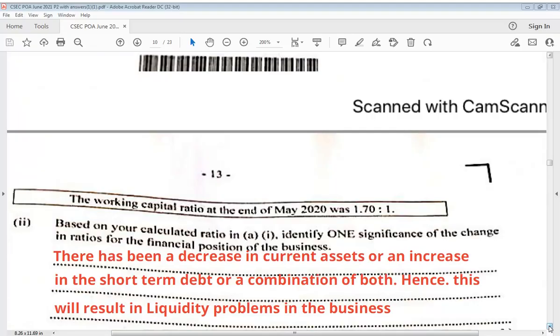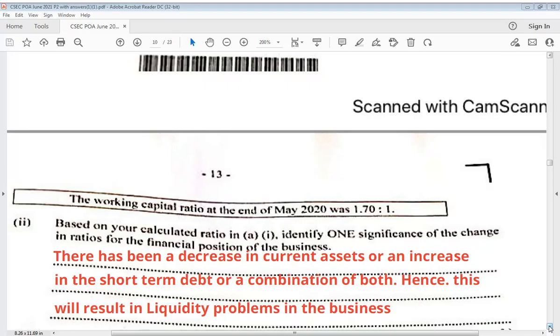Let's move on to the second part. It says the working capital ratio at the end of May 2020 was 1.70 to 1. Based on your calculated ratio in A1 above, that we just worked out, we got 1.31 to 1. Identify one significance of the change in ratios for the financial position of the business. So we notice that in 2021 it was 1.31 to 1, and then the previous year it was 1.70 to 1.